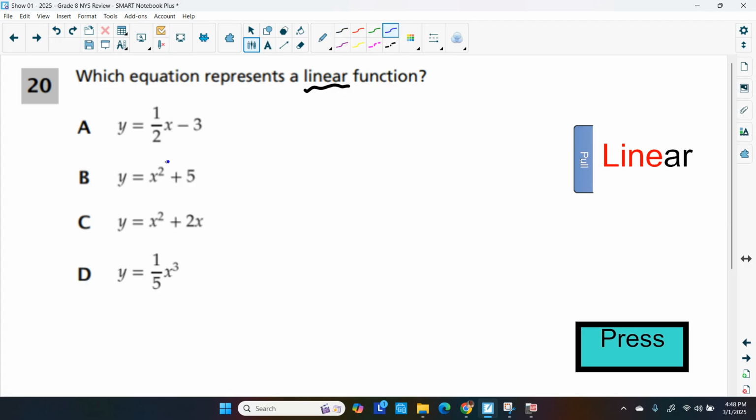So I'm looking at this one has an exponent of 2, that one has an exponent of 2. When you have an exponent of 2, that's called the parabola. So that is a U-shaped curve.